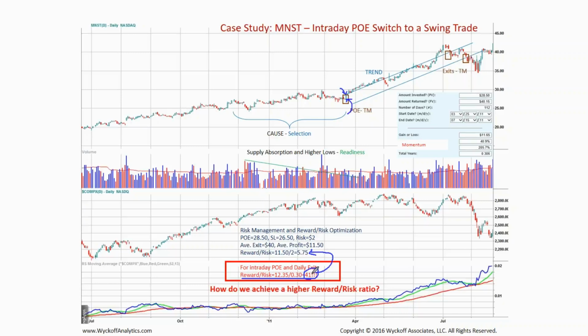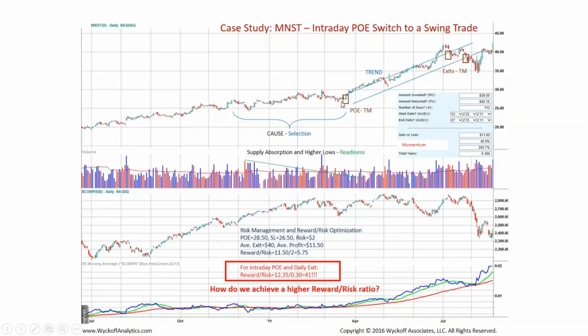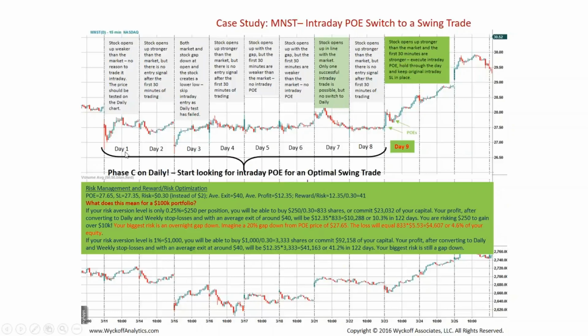That's a tremendous average of reward to risk. So how can we get to that point? How can we actually have that type of trade? Well, we would have to go into this smaller area right here and then come to the intraday action for this area and figure out how we could possibly intraday trade, and then how we could possibly switch from the intraday trade to opening a swing and keeping it as a swing position.